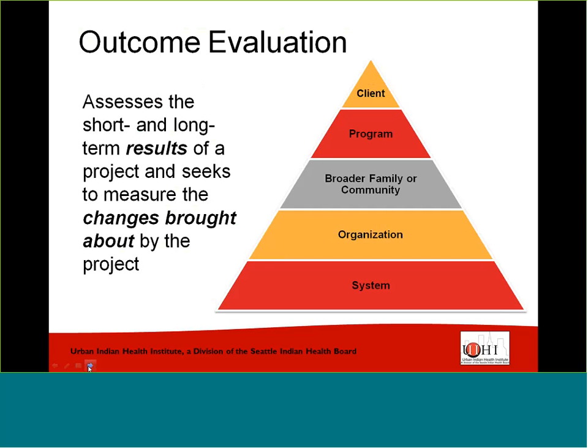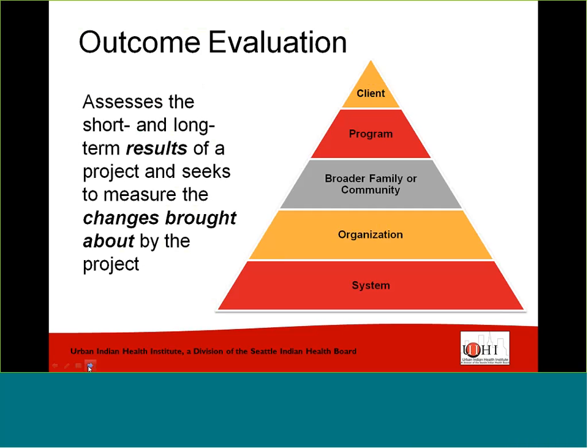Because projects often produce outcomes that are not listed as goals in the original proposal, and because efforts at prevention, particularly in complex, comprehensive, community-based initiatives, can be especially difficult to measure, it's important to remain flexible when conducting an outcome evaluation.